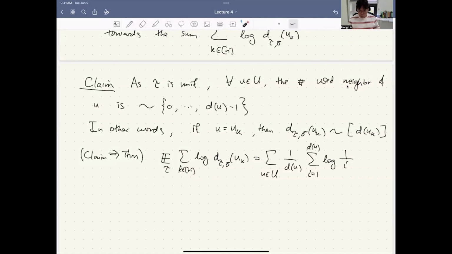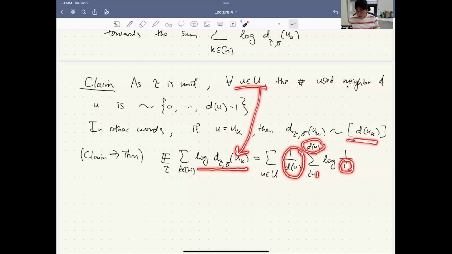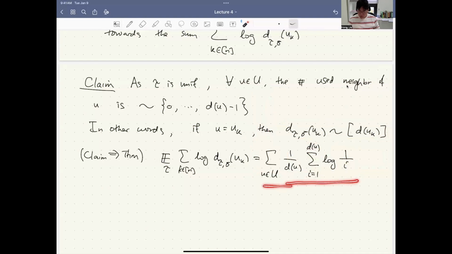Once again, the contribution of this to this term: with probability 1 over du, it takes value i for any i between 1 and du. This is what this means. So you sum up all these, and we get this one. Now you just need to simplify it. It equals the sum over, what is this?